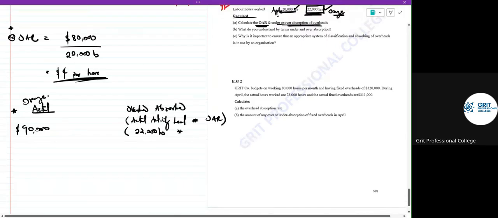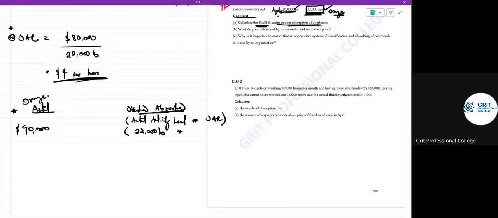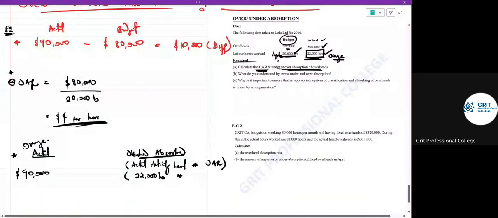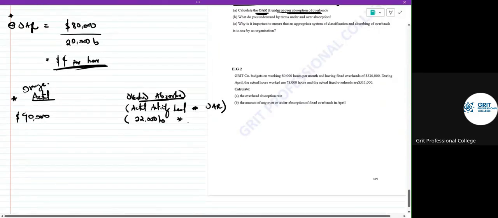And since the overhead absorbed has everything to do with my original budget, that is where the OER comes into play. Because in determining my OER, I used budget information.